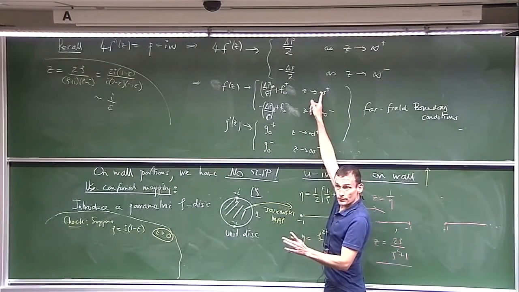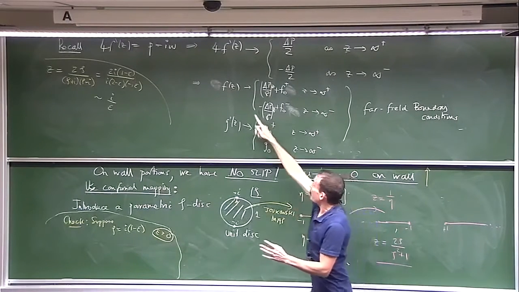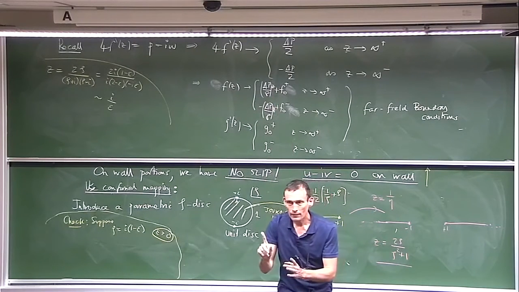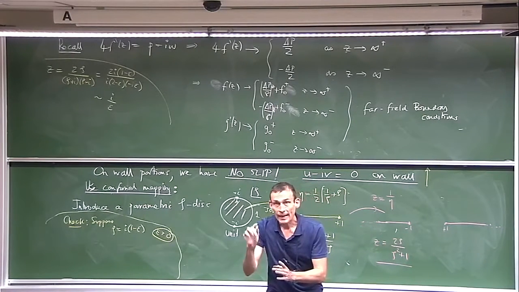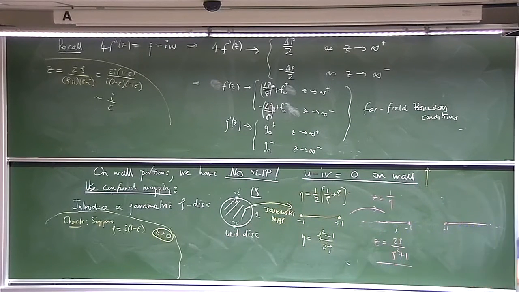Z tends to infinity plus is zeta going to plus i. And F goes like delta P Z over 8. But as zeta goes to plus i, Z goes like this.